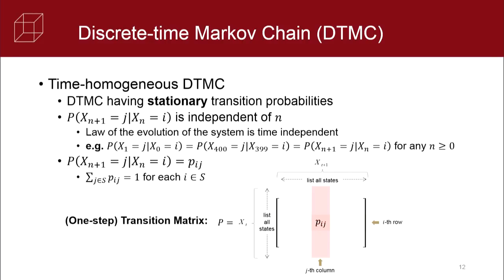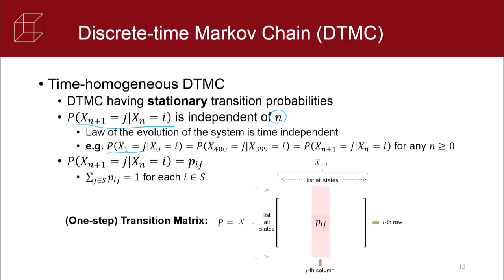Right, so we are especially interested in the time homogeneous discrete time Markov chain. What does time homogeneous mean? A time homogeneous discrete time Markov chain is a discrete time Markov chain having the stationary transition probability. That means this conditional probability is independent of n.